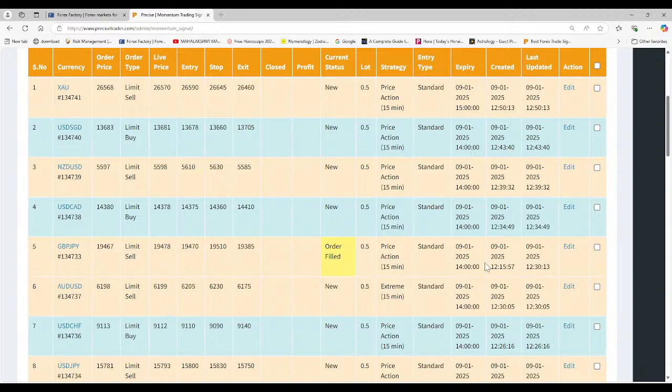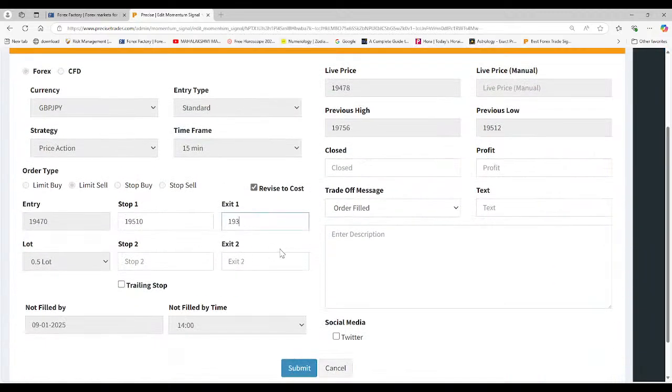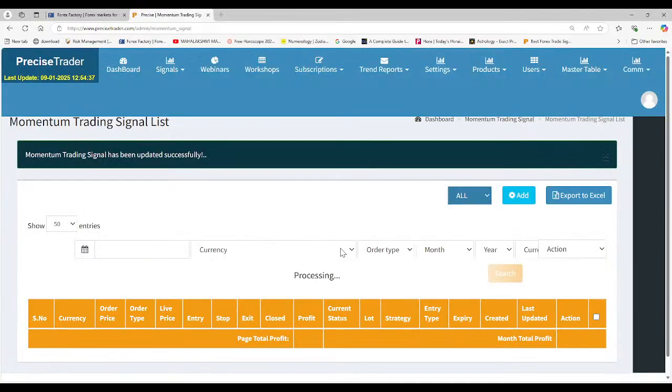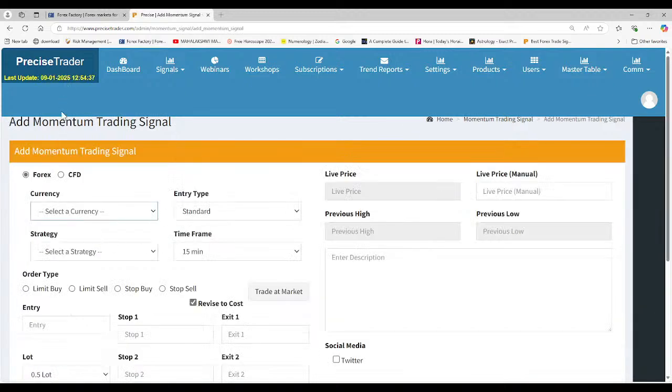Since it's a momentum trade, we'll go conservative rather than being so aggressive, so we'll try to exit at 30. Then there's one more trade where we'll try to exit lower, so we'll try to enter another trade.